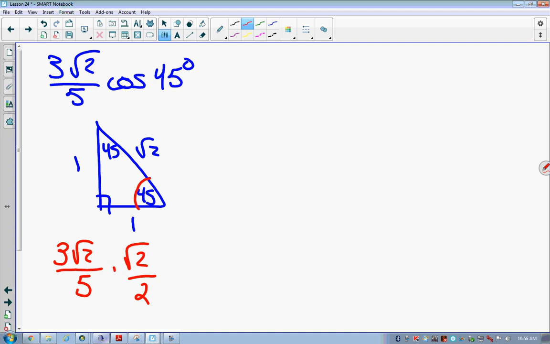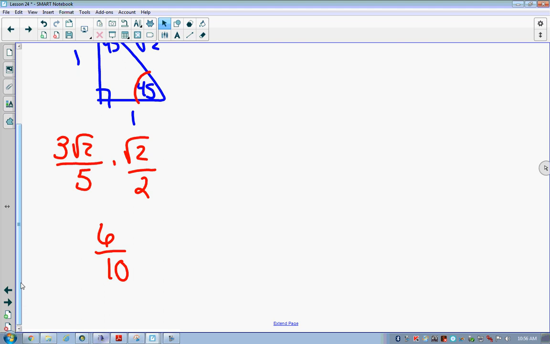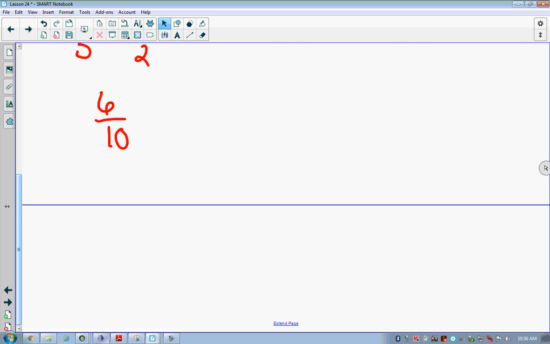Does everybody get and understand that? All right, now as I multiply across, what's 3 radical 2 times radical 2? 3 times 2 is 6. 5 times 2 is 10. Okay, we could reduce that. We could get 3/5, right?